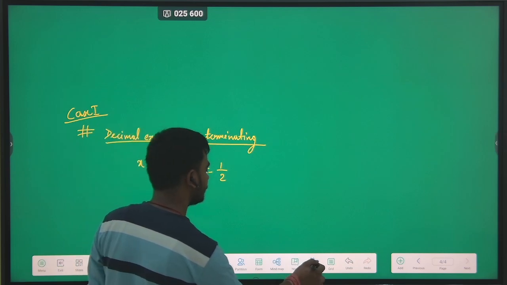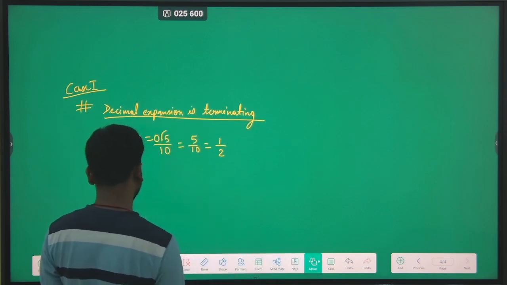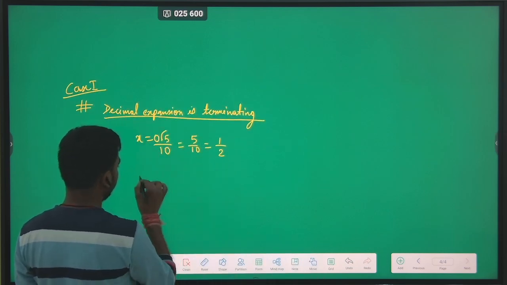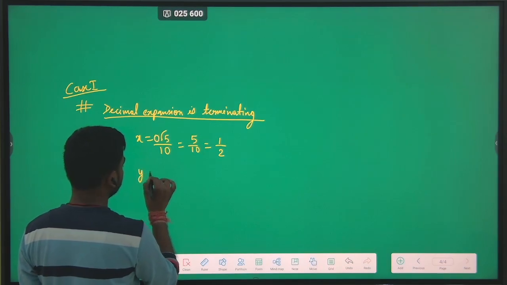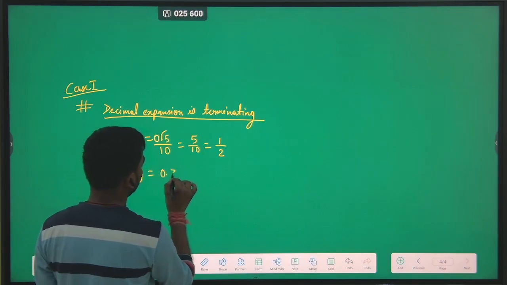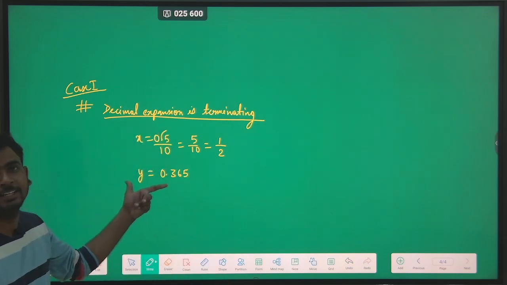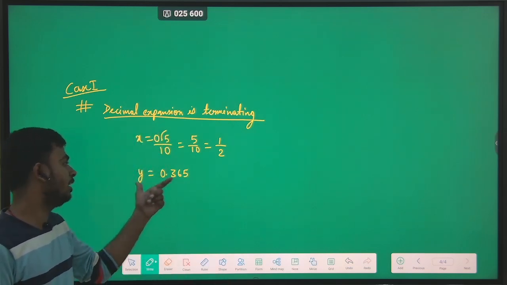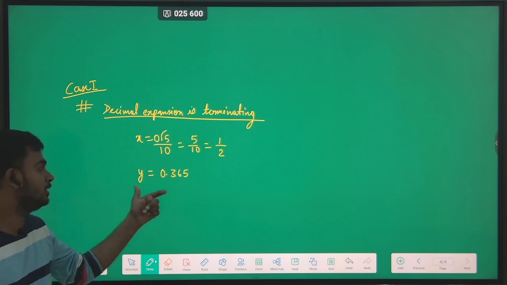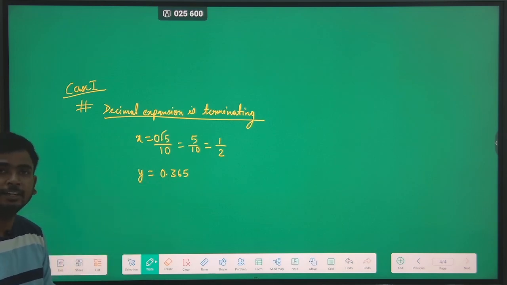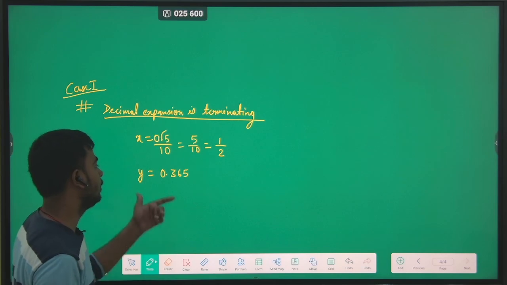Now let us suppose that we have another terminating decimal expansion, like 0.365. So how can we say that this number is a rational number? So what we will do?